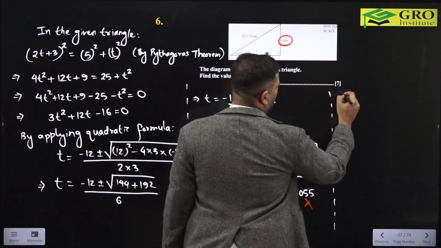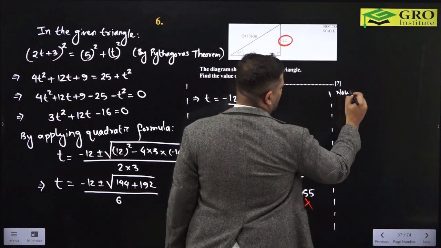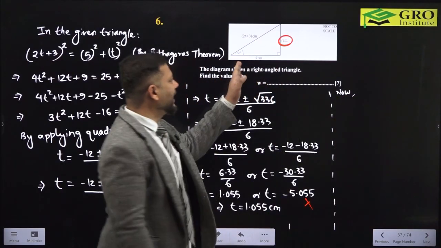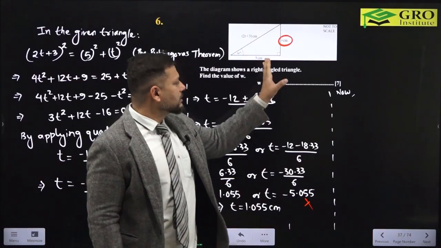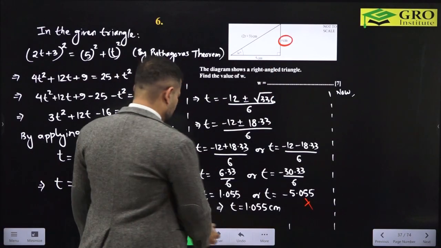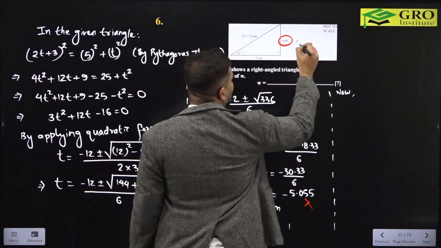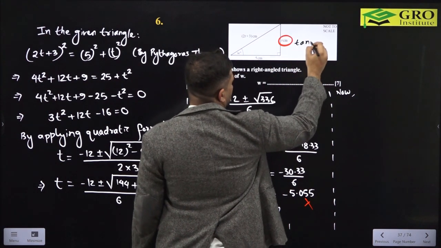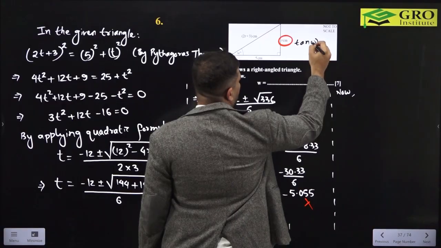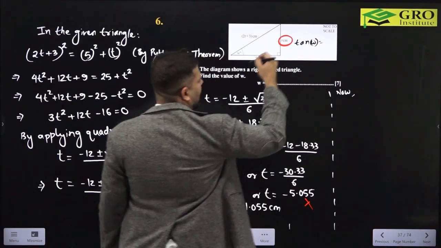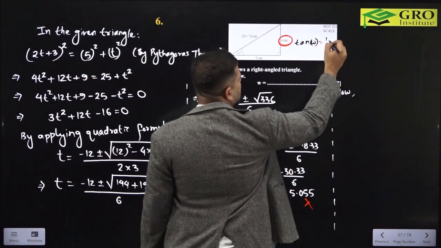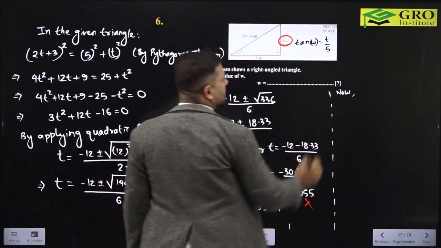Okay, now how would we get w? If we take this triangle, I see this w is what? If I take the tan of this triangle, the tangent, tan w is going to be perpendicular upon base, that is t upon 5, isn't it guys?